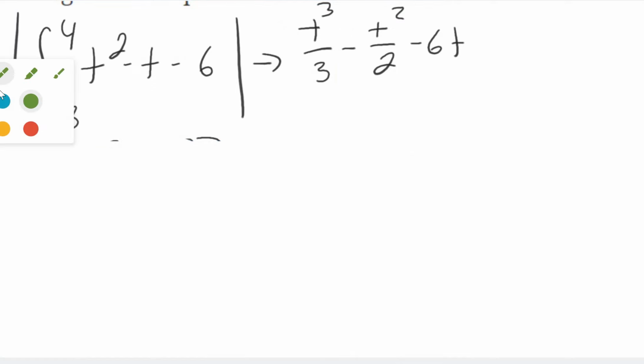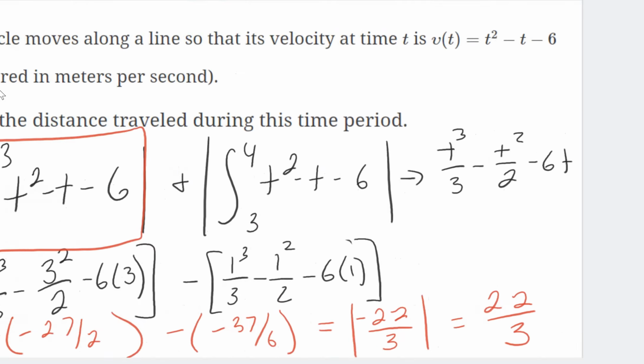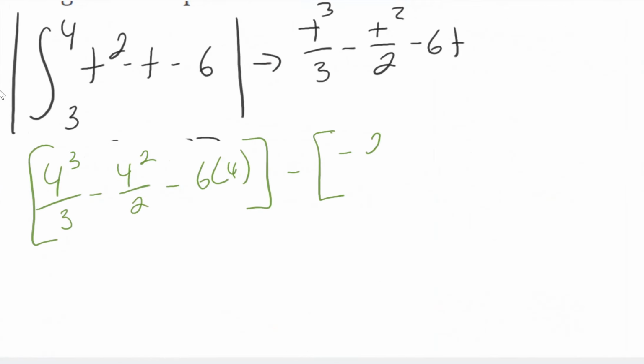So we have 4 to the third over 3 minus 4 squared over 2 minus 6 times 4. And then it was minus, and we already did this one. This was negative 27 over 2. So we don't have to do the 3 again because we already did the 3.